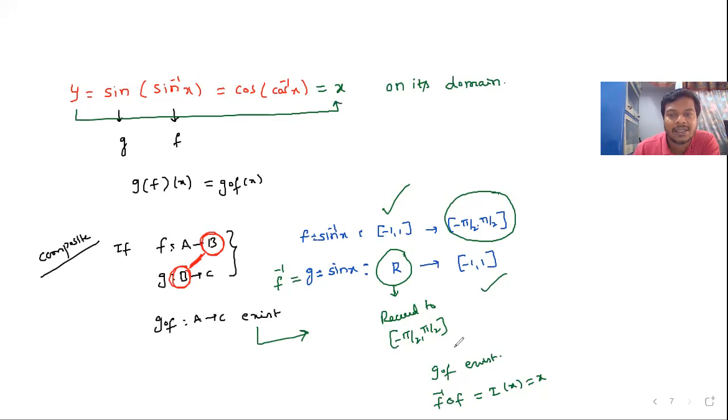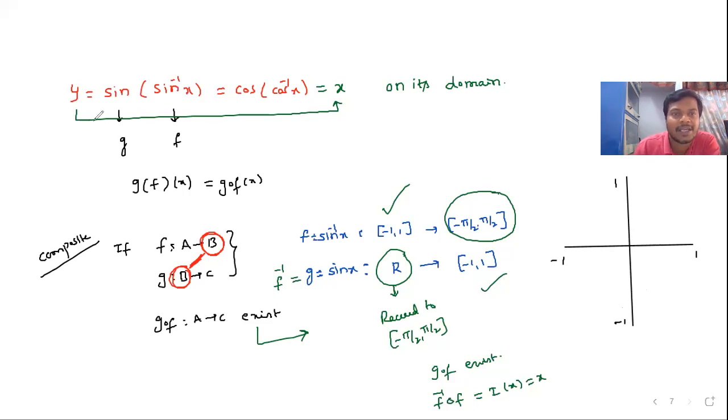We know that the composite function exists from -1 to 1. Let us select the graph in the interval -1 to 1 and here -1 to 1, domain and range both. This is -1, plus 1, and here it is -1, plus 1.